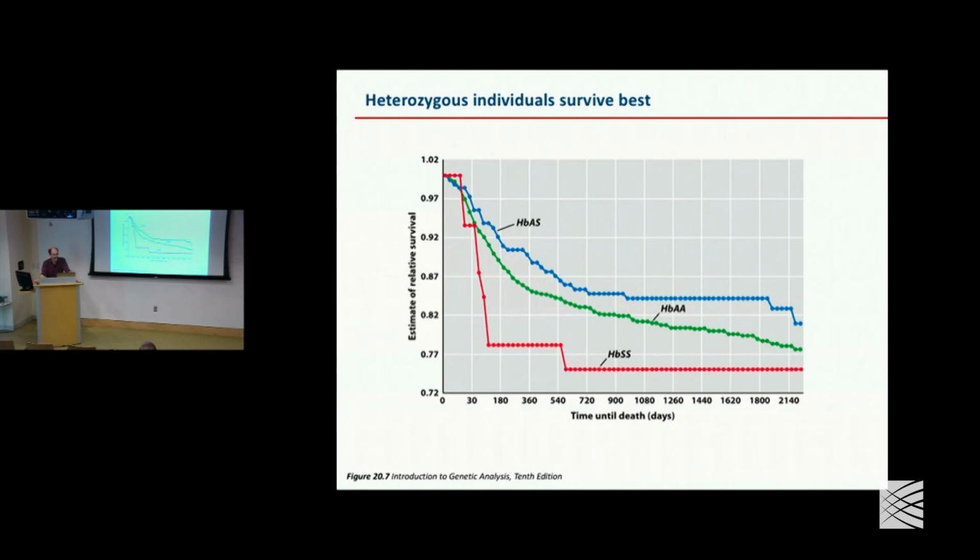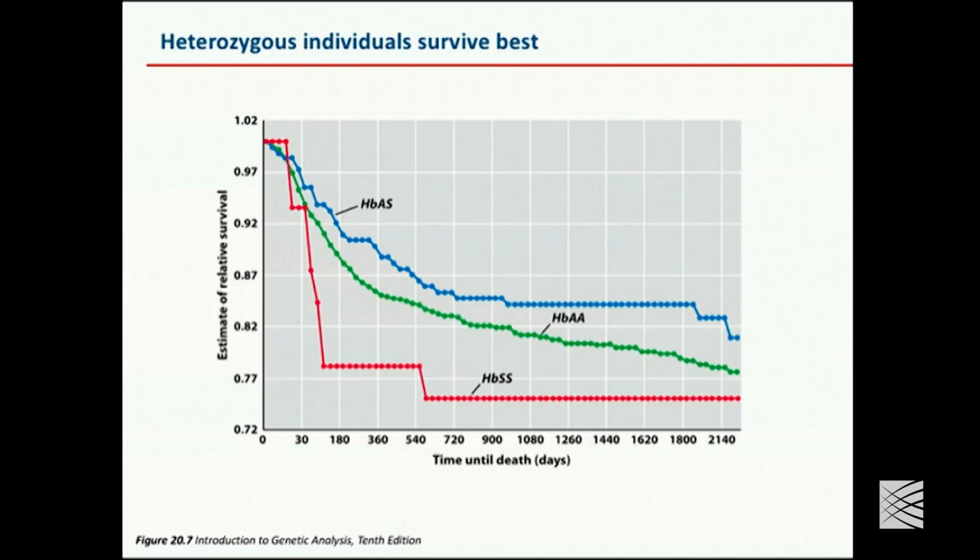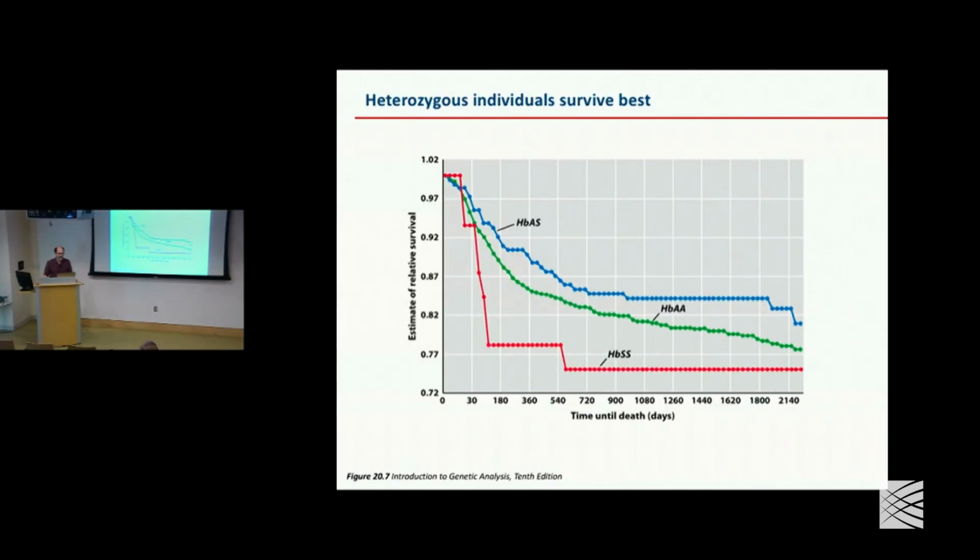This is from some historic data set, I'm not sure which one, comparing the survival of children who have either the wild type allele or one or two copies of the sickle allele. The top line is heterozygotes in blue. These have the best survival probability because it does give protection against malaria.